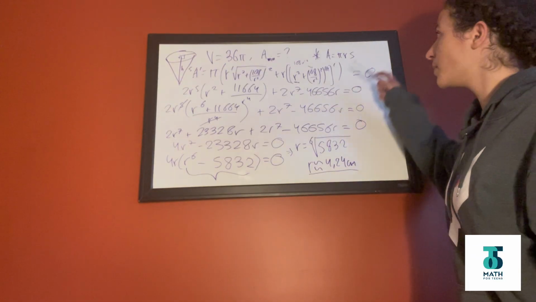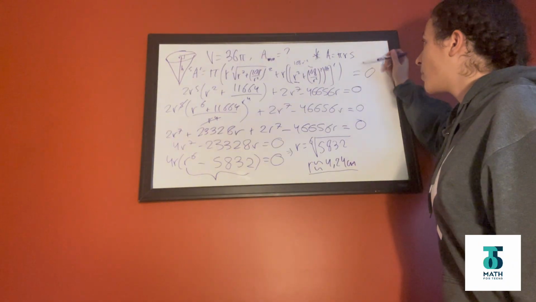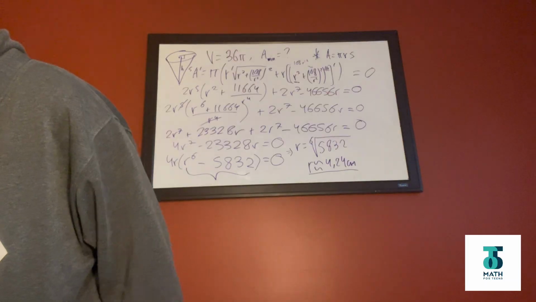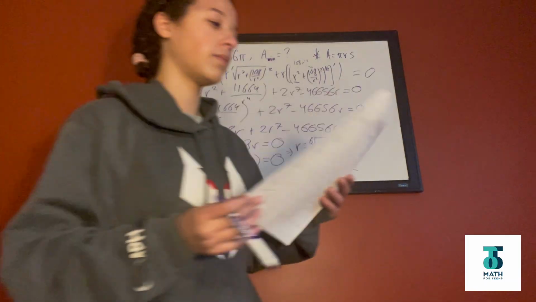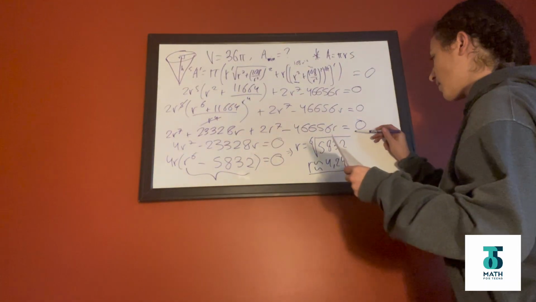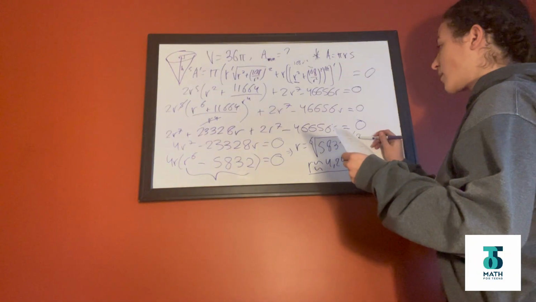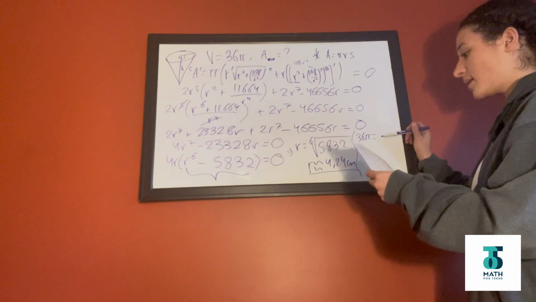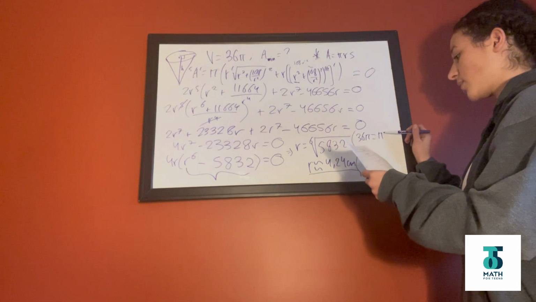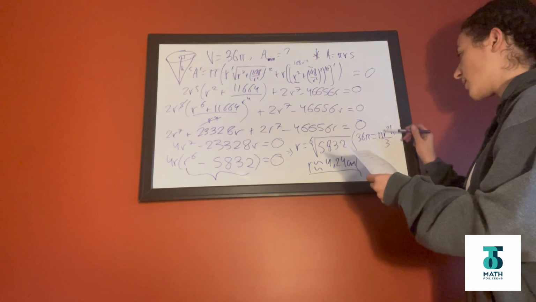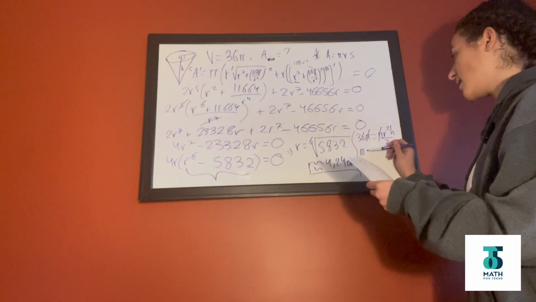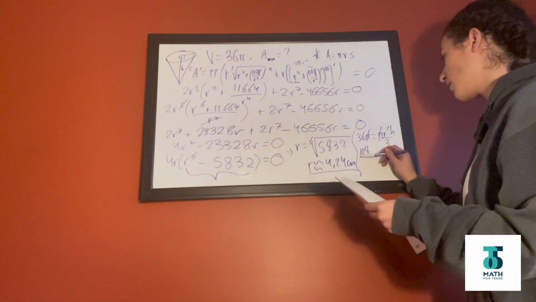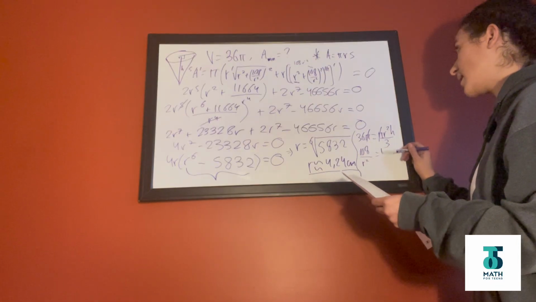What would h be? I already have my relationship from the volume. What did I have? My volume was 36 pi. Sorry, this is really small as well. 36 pi is equal to pi r squared h on 3. So that means 108 on top of r squared equals h.